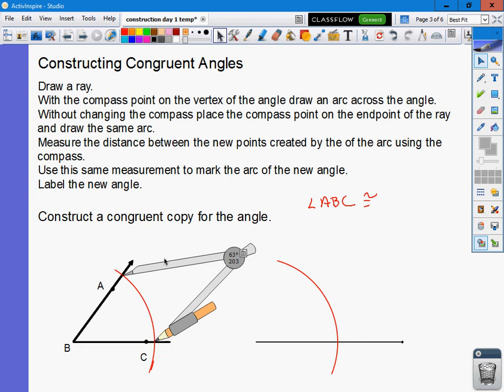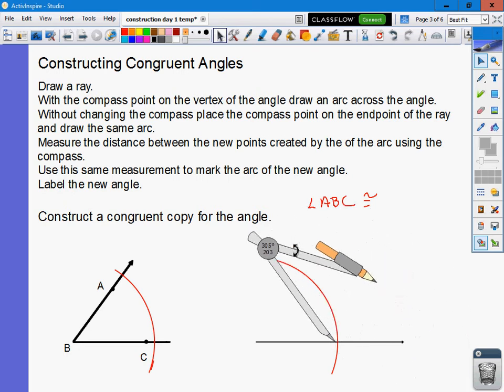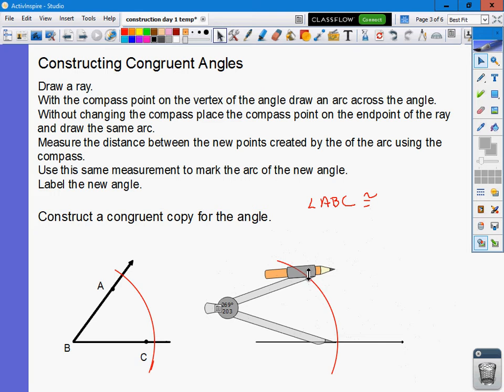Once it's set lengthwise, without changing the setting, you slide it over to the other line. You put one end point on the point where the arc crosses the ray. Without changing the setting, you make that arc.